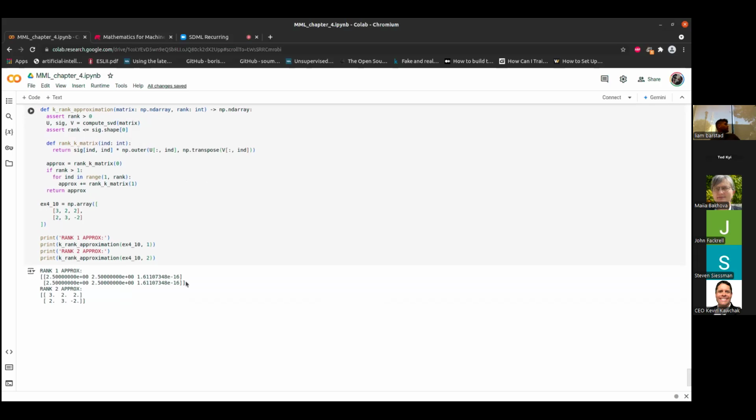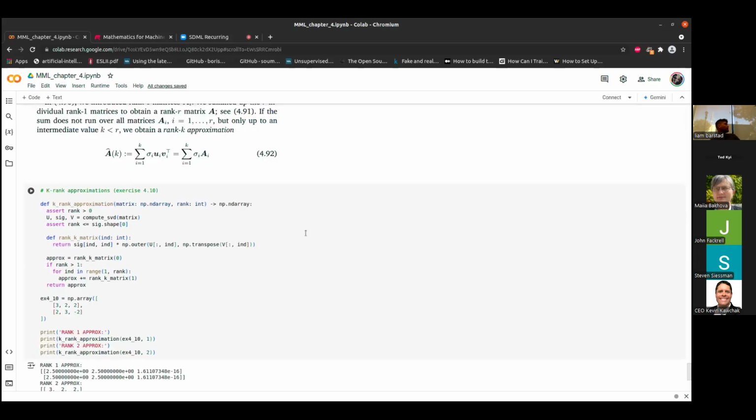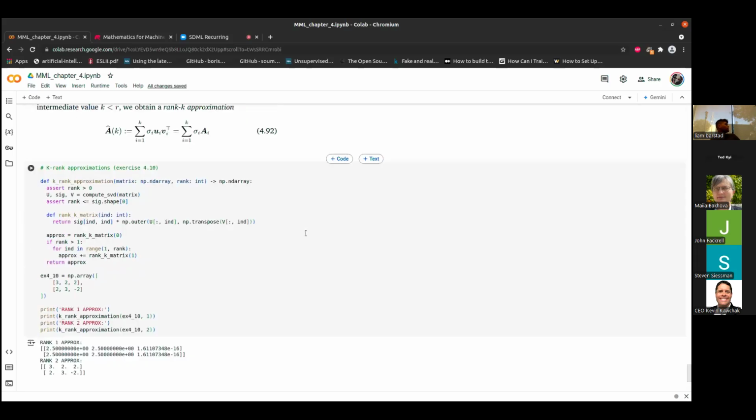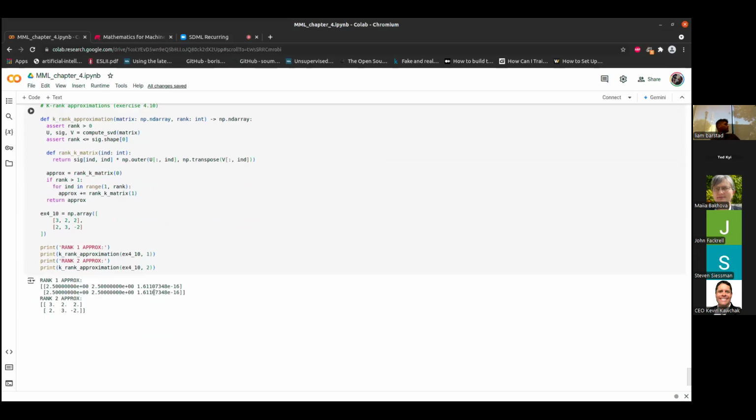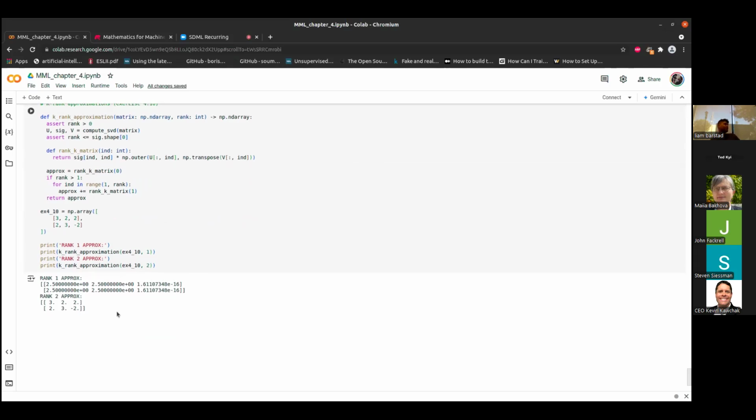I think it's kind of fascinating that, okay, so starting from this point, this column for the rank 1 approximation is essentially useless. It's a very, very small value. You could call it 0, honestly.